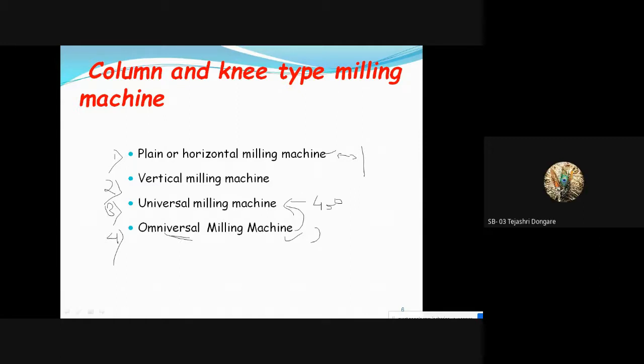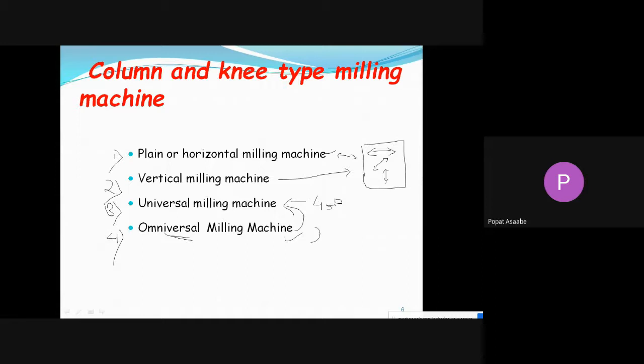A longitudinal, cross, and up and down. Good. Longitudinal movement is possible with the help of the saddle. Then cross movement is also possible, and up and down movement is also possible with the help of that knee. The same table movement is possible in the vertical milling machine also.